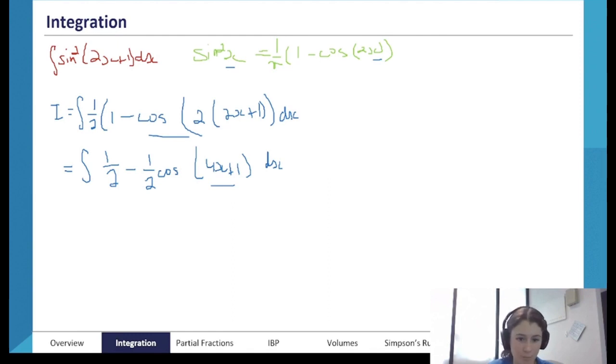So what we're going to do is our linear substitution. And remember, the steps for this are to let u equal the linear component, 4x plus 1. We're going to derive this with respect to x, being our next step, leaving us with 4. Our next step is to isolate dx.